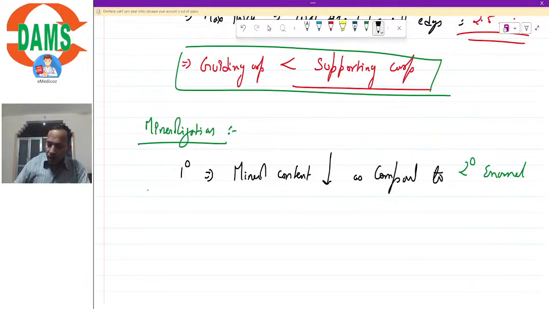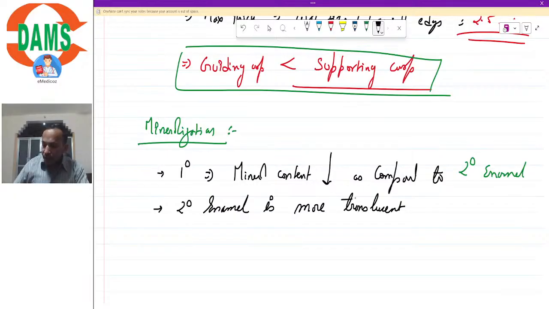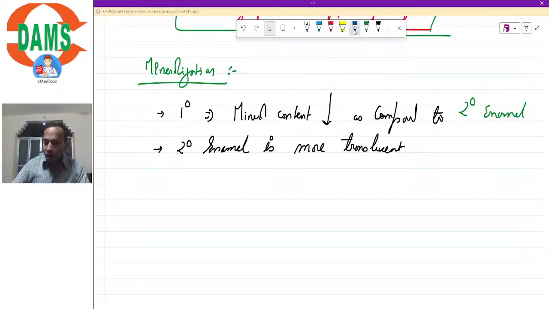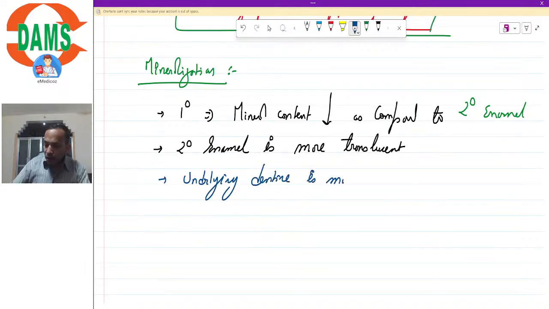So since permanent teeth are more mineralized, the permanent enamel is more translucent, right? So in which of these two would underlying dentin be more visible? Underlying dentin is more visible in permanent dentition.